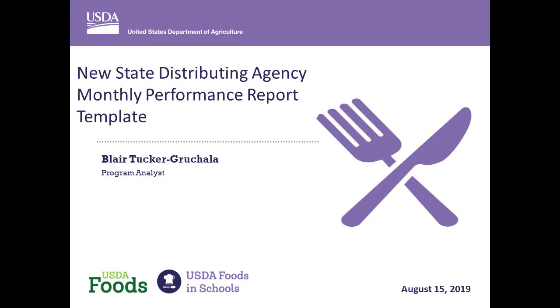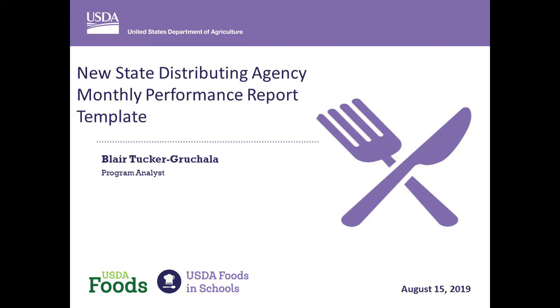FNS worked with state distributing agencies, SDAs, National Processing Agreement, MPA, processors, and third-party data management companies to develop a standardized state performance report template to improve the efficiency and integrity of the USDA Foods processing program. The new form is easy to use and allows users to create customized reports that do not require printing.